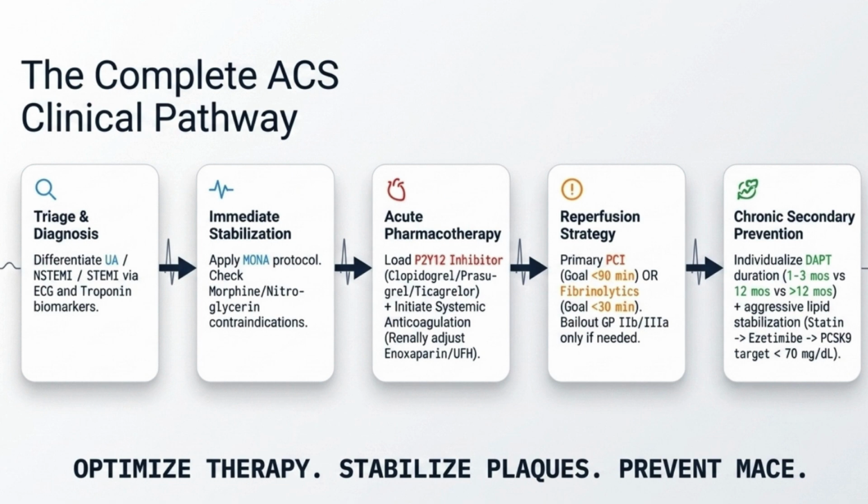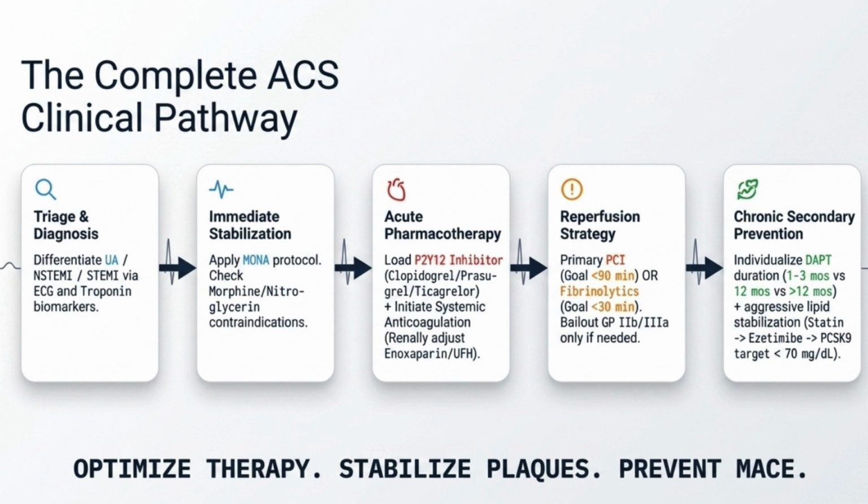You must differentiate unstable angina, non-STEMI, and STEMI using ECG and troponins. You must implement immediate monotherapies while respecting morphine and nitroglycerin contraindications. Once stabilized, you must navigate the treatment fork.